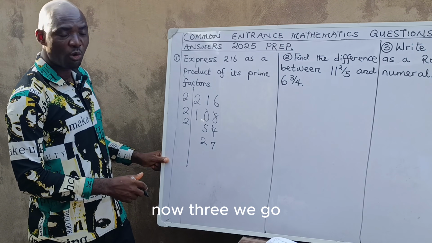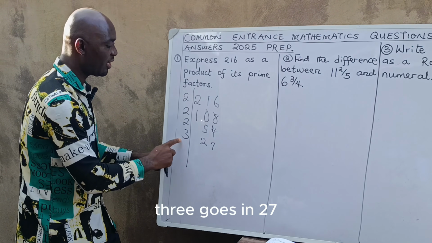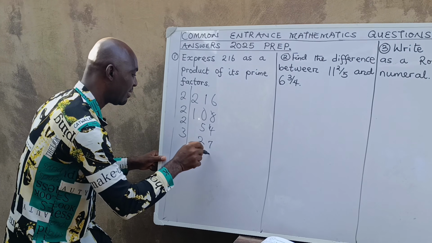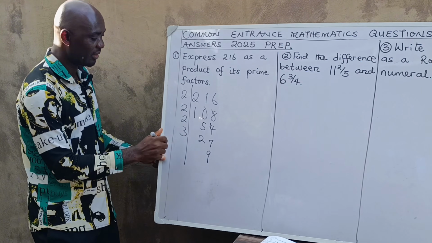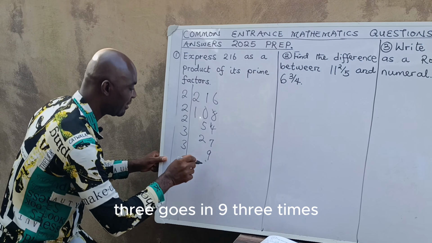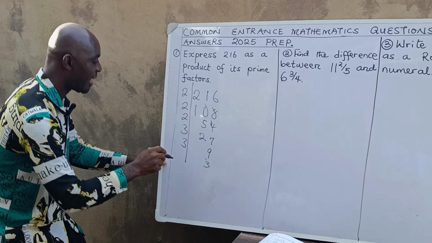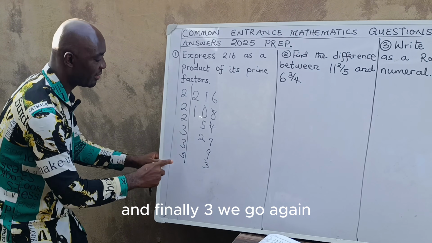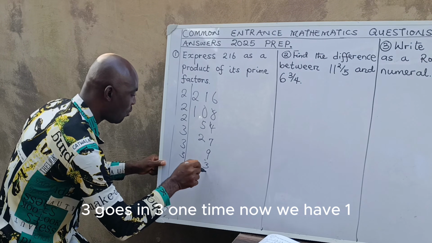Now 3 we go. 3 goes in 27 9 times. 3 will still go. 3 goes in 9 3 times. And finally 3 will go again. 3 goes in 3 1 time.